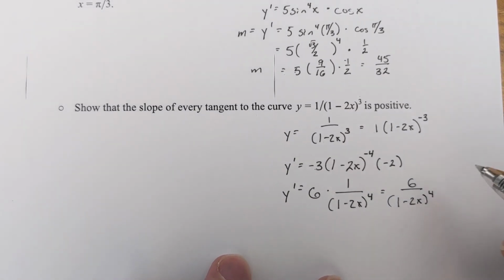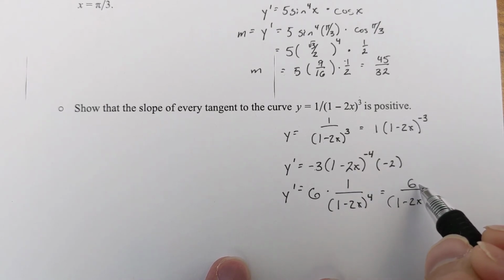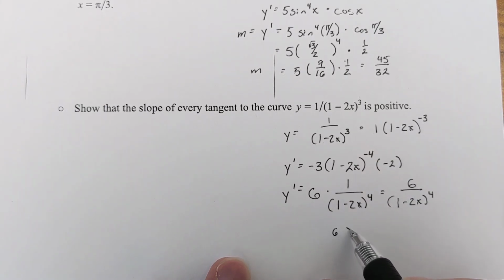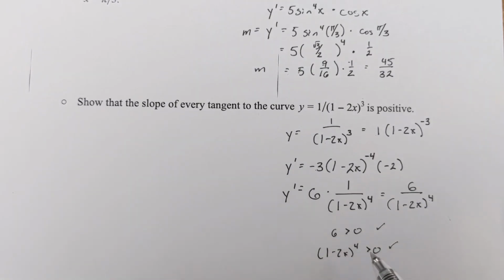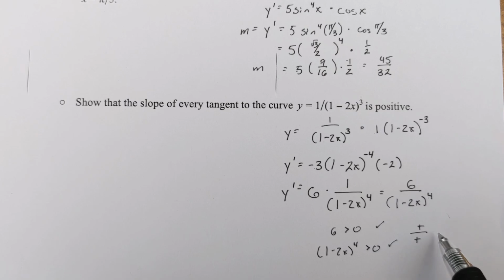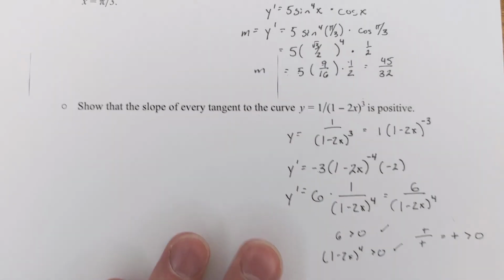Well, once we have our equation, 6 is always positive. And 1 minus 2x to the 4th will always be greater than 0 as well, because you're raising something to an even power, which always returns positive values. So since you have a positive over a positive, this is always positive, which is more than 0. And that brings us to the end of the section.